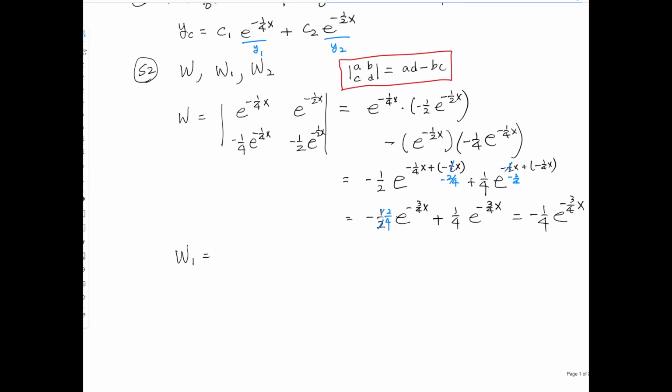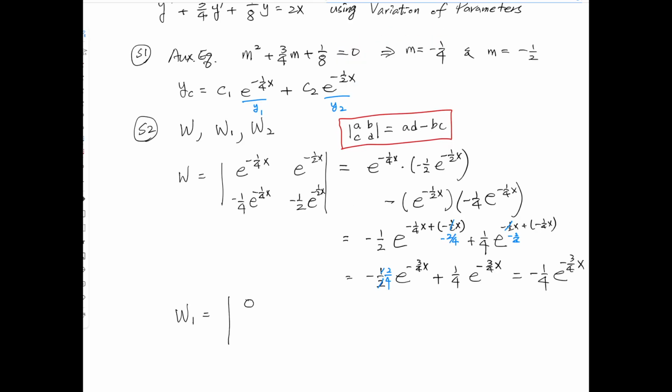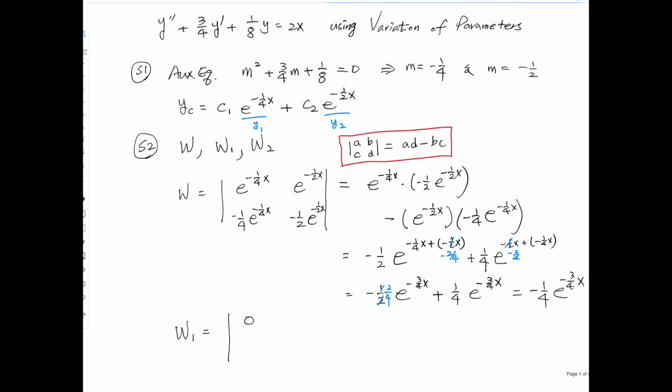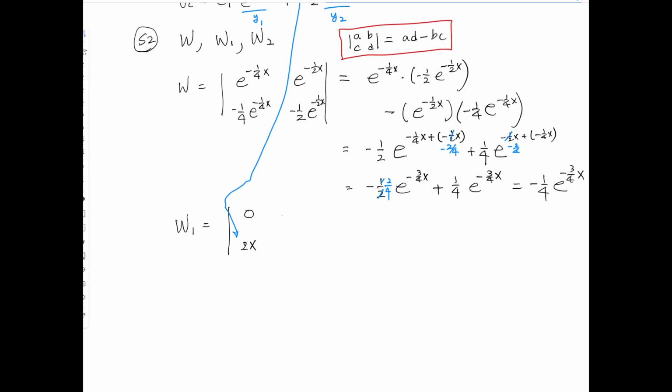So for W1, the first row, first column is automatically 0. And then second row, first column is going to be this one. And then the second column, we just need to copy down from our W. AD, which is 0, minus BC, 2x e to the negative 1 over 2 x.